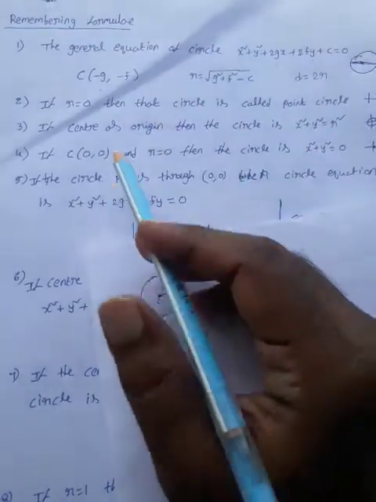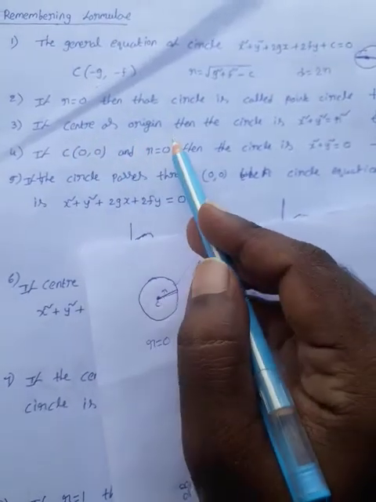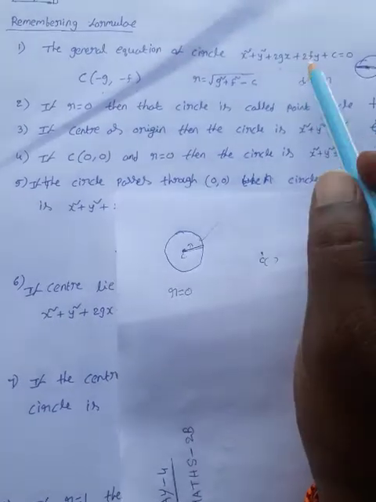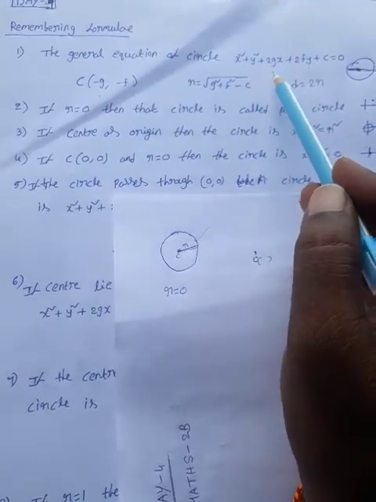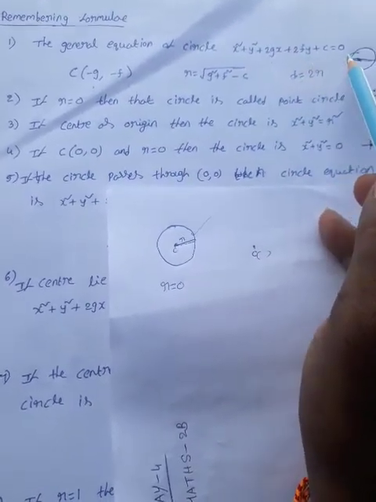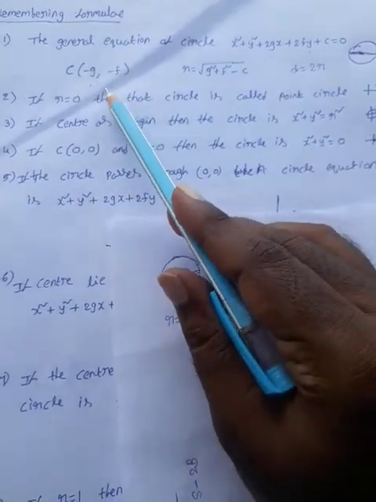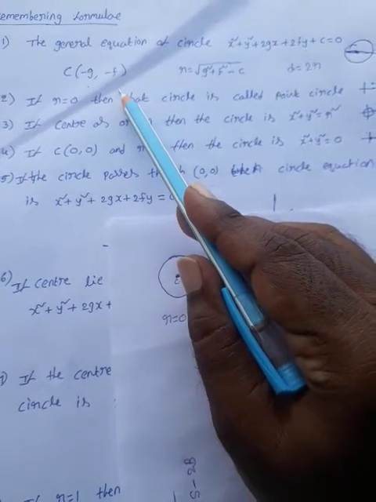Suppose in the third case the center is the origin. That means in the general equation x square plus y square plus 2gx plus 2fy plus c is equal to 0, center as origin means g equal to 0 and f is equal to 0.